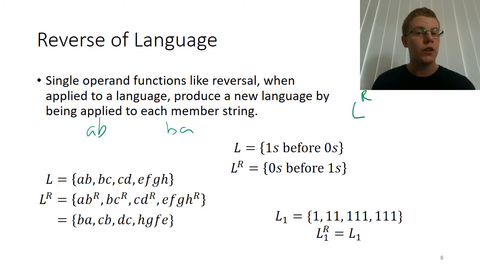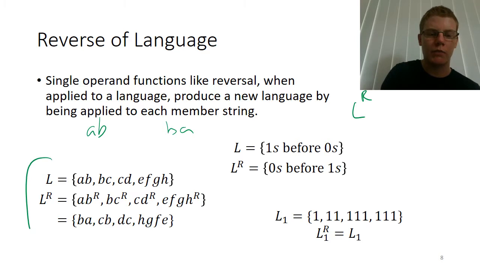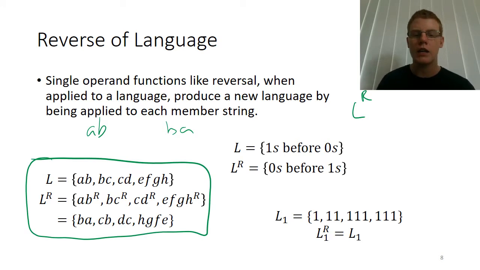So the reverse of a language is simply the set of all of the strings from the original language reversed. In this case down the bottom left here, we've got AB, BC, CD, and EFGH. L reversed is simply the set of the strings formed by taking the reverse of each of the strings from the original language. So it's BA, CB, DC, and HGFE.